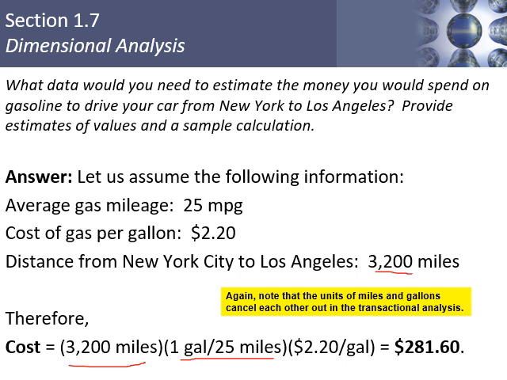Remember, I told you that you can do that because in your case, for your car, 25 miles is equivalent to 1 gallon of gas. So it's just like you're multiplying by 1 here, and then you're multiplying again by 1 here. So you're going to wind up with the same thing you started with.